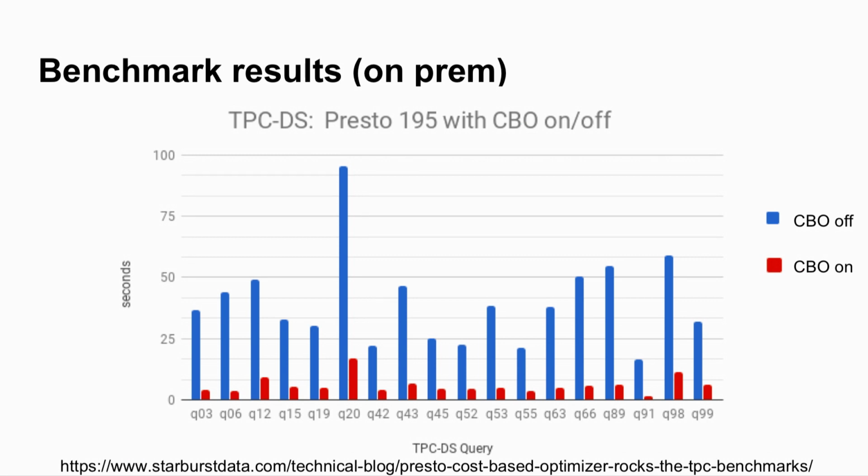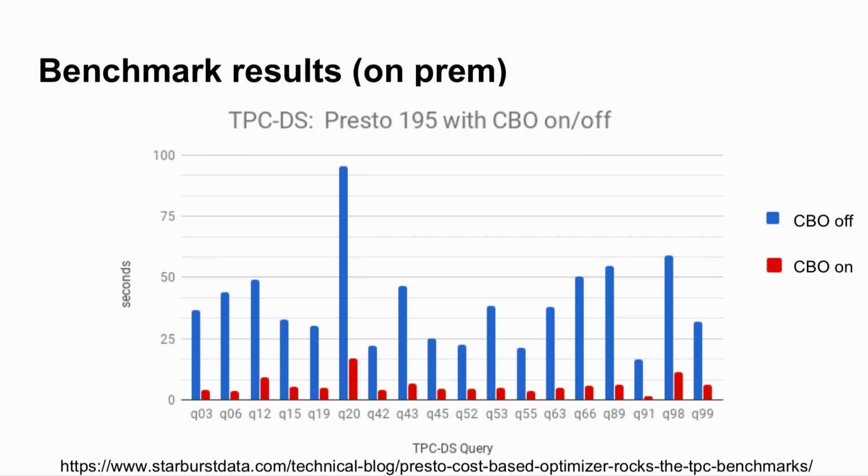One good thing is, you probably heard in the past that Presto is unable to run all the TPC-DS queries. This is no longer true with the optimizer, because we are making good decisions in terms of performance and also good decisions in terms of memory consumption. And most of the queries will now complete with much smaller memory requirements. Presto is able to run all of those at reasonable scale.